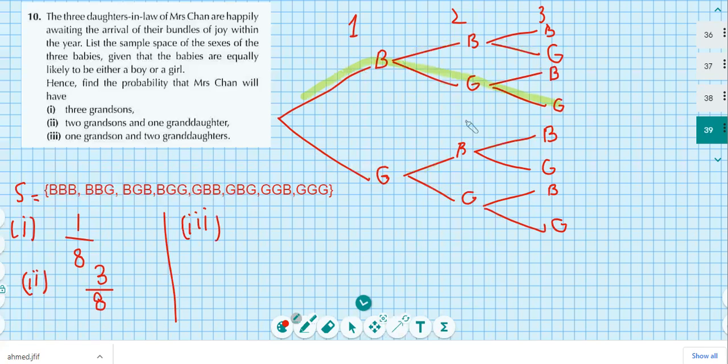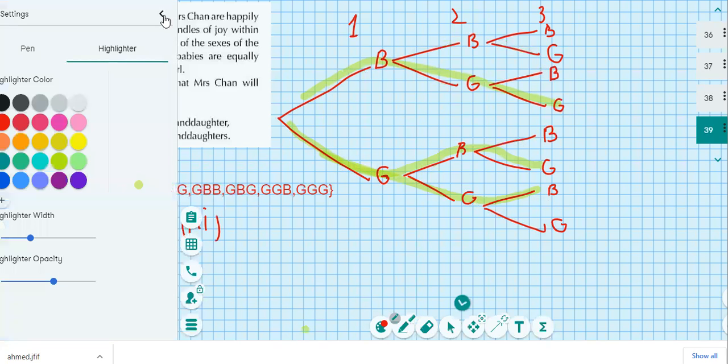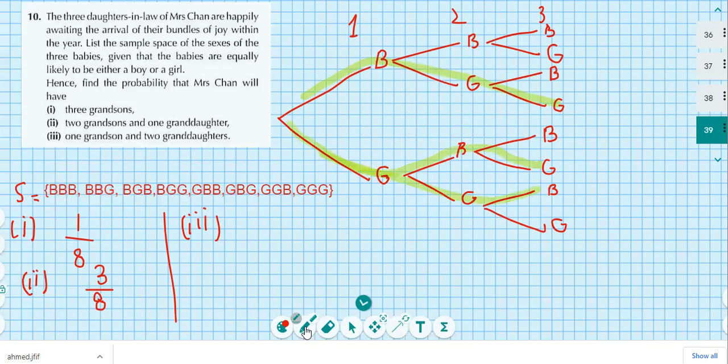Two daughters, one grandson, and yes, this one. Girl, boy, girl, and this one as well. Girl, boy. So there are three favorable outcomes. So the probability will be 3 by 8 again. All right, next question.